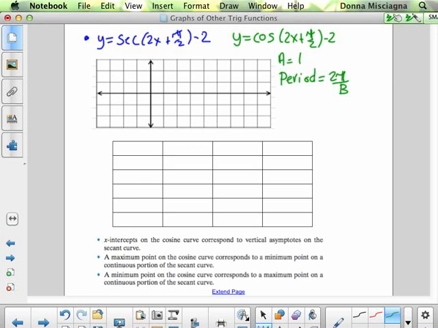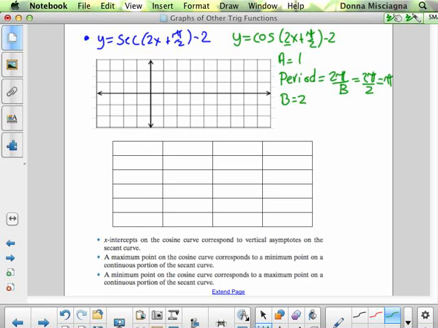B is the coefficient on x, so it's that coefficient right there. Since b is 2, the period is going to be 2 pi divided by 2, or just pi. Let's start with that, and then we'll find a few more things.